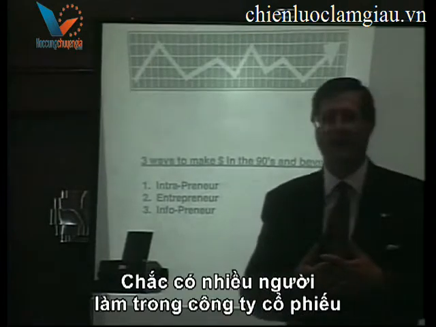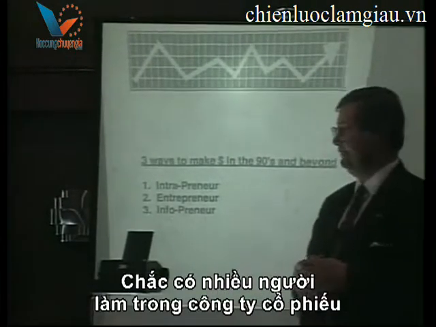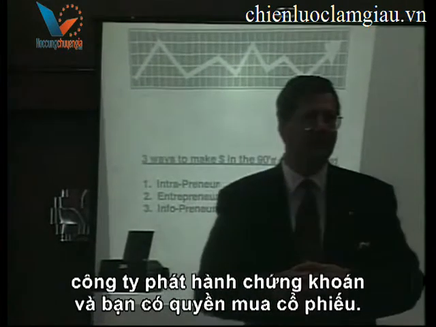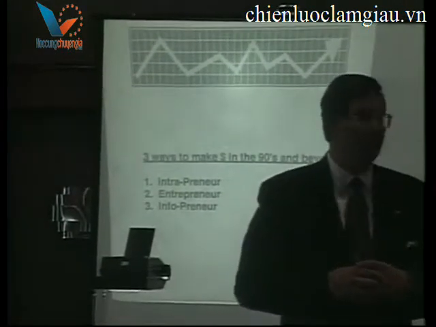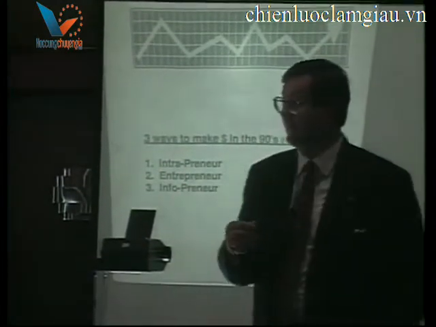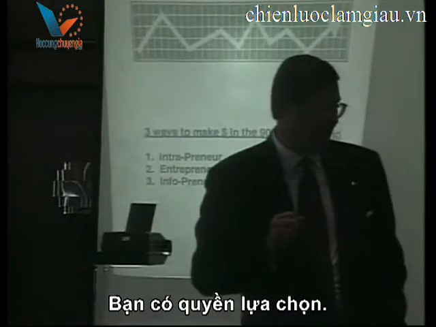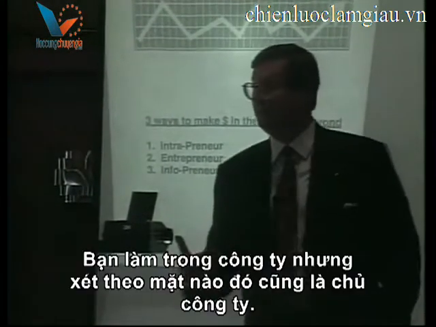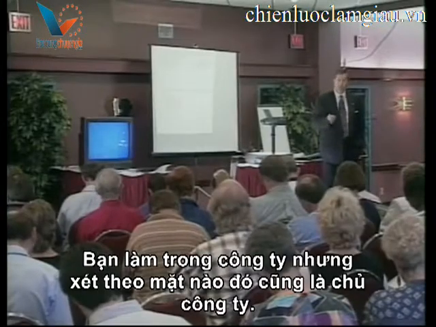Many of you would work at a stock issuing company, and you'd get what we would call options, right? Be able to buy a percentage of the shares of that company just by working there or getting an option on it. That's a real part of being an intrapreneur. You're in the company, but you're becoming an owner of it somehow.